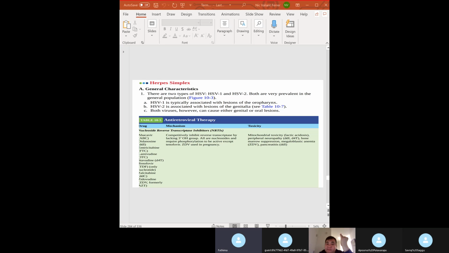PCP. Good. What else? Kaposi sarcoma. What else? Tuberculosis. Can be. Toxoplasma. Can be. Histoplasmosis. Mycobacterium avium. Excellent. MAC. Sometimes CMV outside the lymphoreticular system.